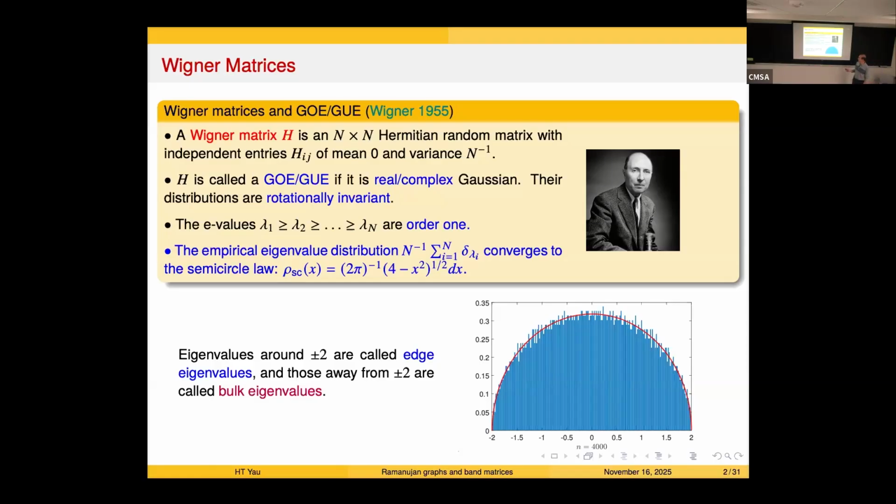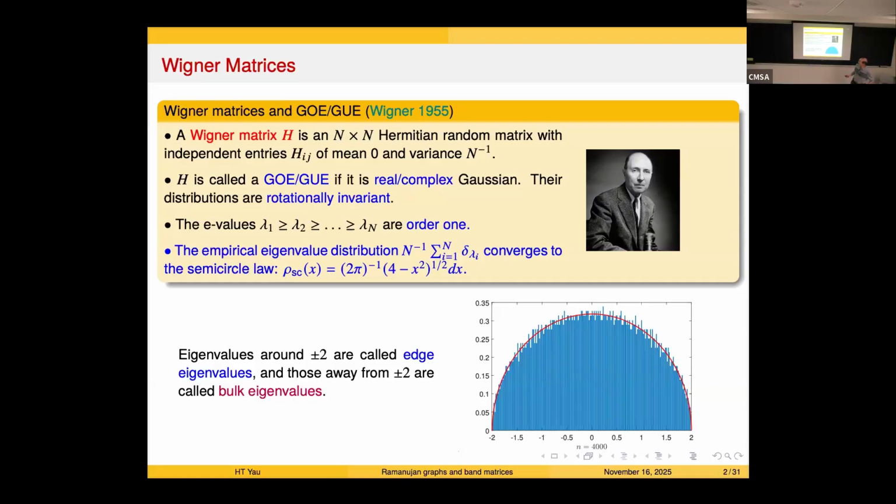At the time, in 1950, people tried to understand the experiments of neutron scattering in nuclei, and the quantum mechanical Hamiltonian is so complicated that you cannot really do much about it. So Wigner had the idea that because your system is so complicated, what you should do is completely forget about all the interactions and details of the system.